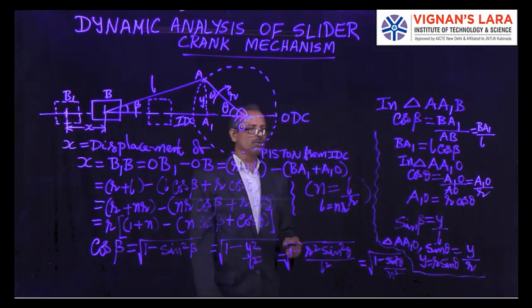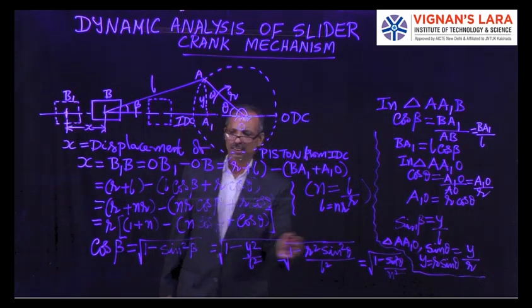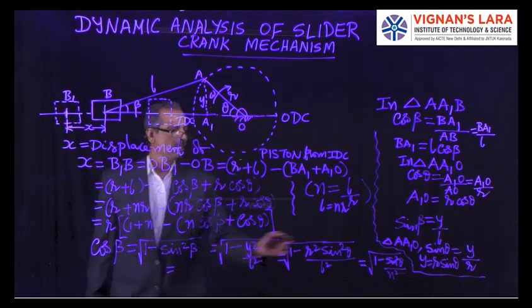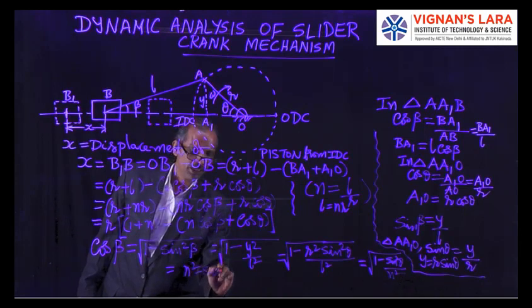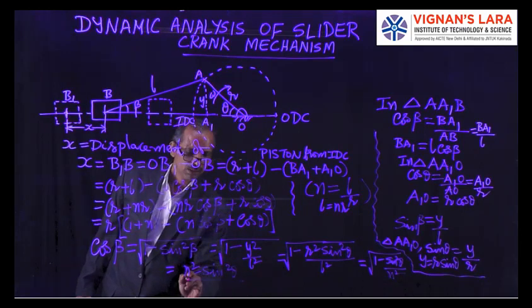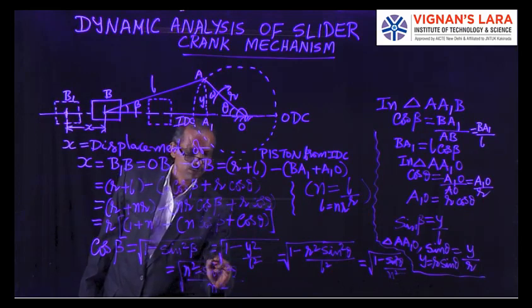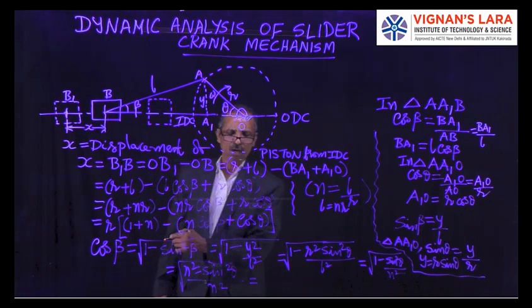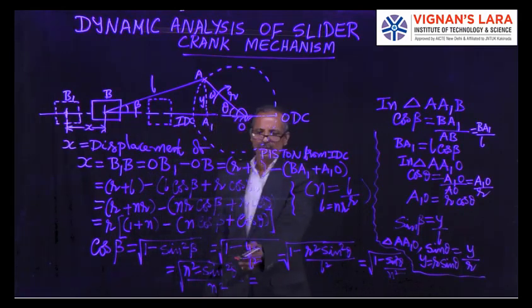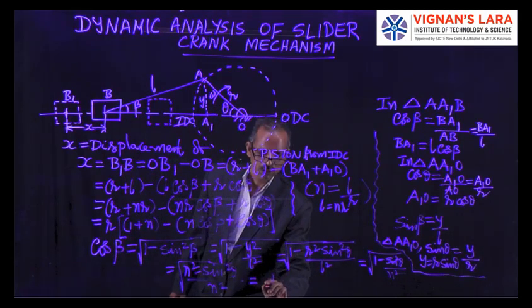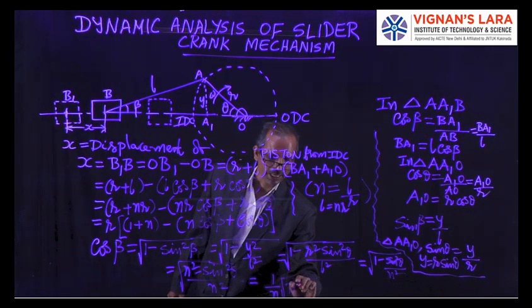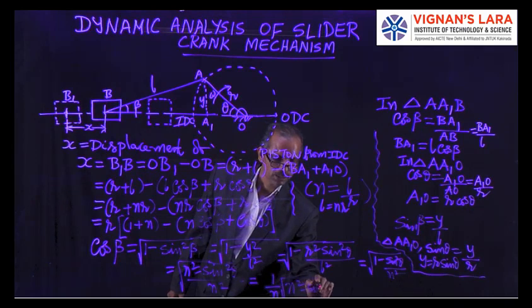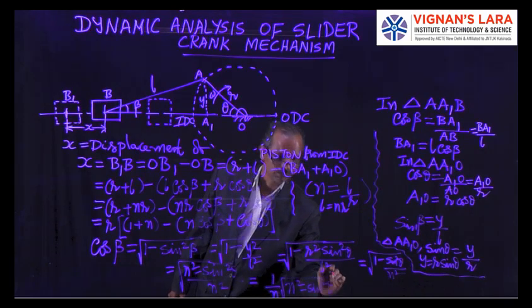So root over 1 minus sine square theta by n square. That gives me n square minus sine square theta by n square under root. So I can take the common 1 by n square outside, which gives 1 by n into root over n square minus sine square theta.